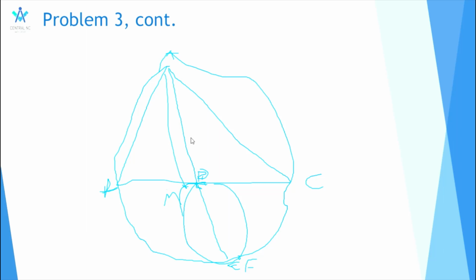One important thing is that because of the angle bisector, E is actually the midpoint of arc BC. And since M is the midpoint of BC, EM is perpendicular to BC. That doesn't look like it in this diagram. So that means, because DE is the diameter, M actually lies on this circle, gamma. Okay? That's one important observation.